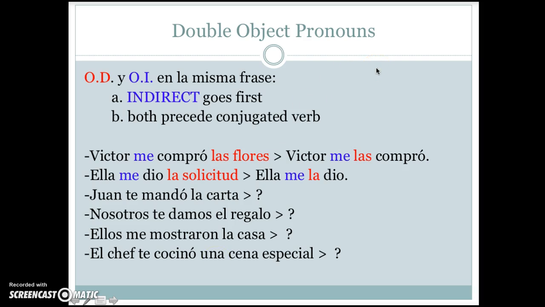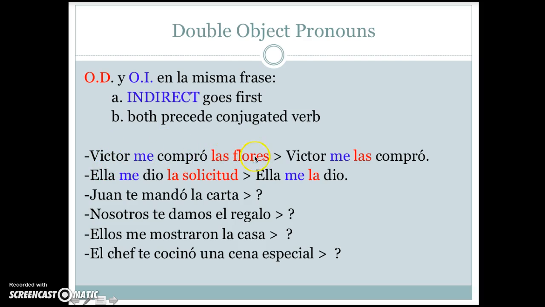Double object pronouns is when we're going to use both direct and indirect in the same sentence. Our rules are that the indirect object goes first and they both precede the conjugated verb. So our word order will always be indirecto, directo, verbo. In this example, we see Victor me compró las flores.